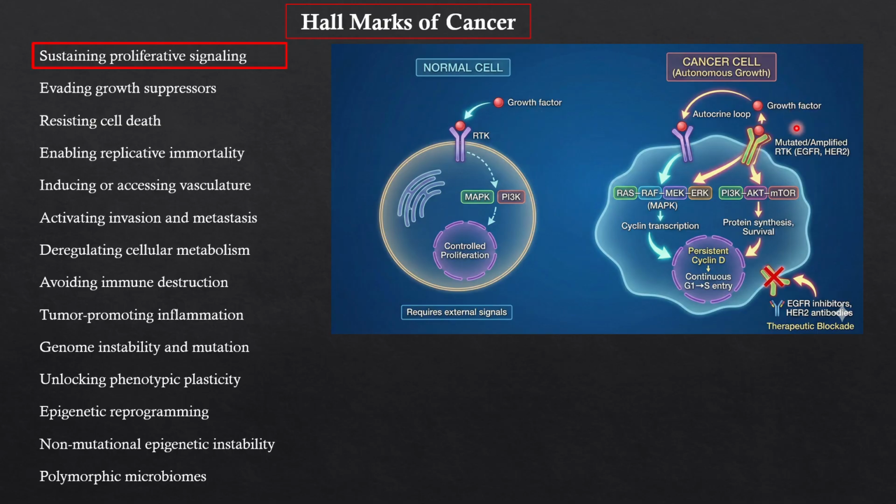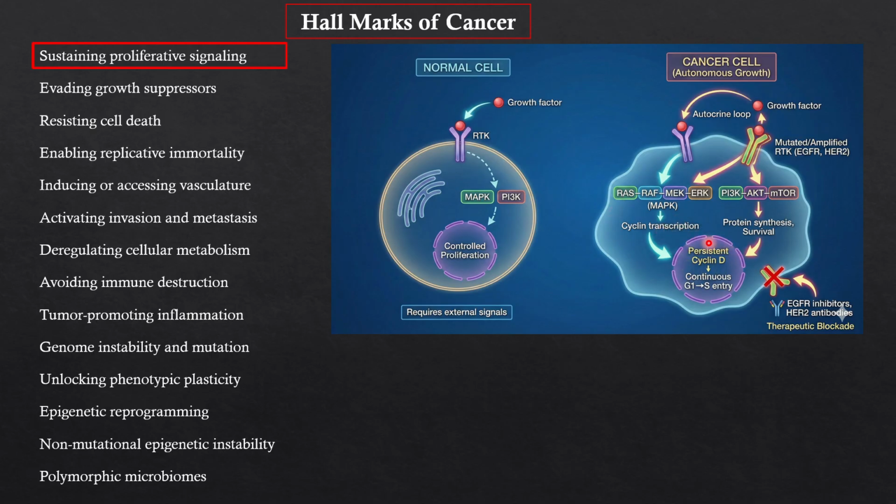In cancer, these growth factors are synthesized by the cancer cells themselves. So these cancer cells keep on constantly signaling with growth factors, and they have the same receptors, which again carry on the different pathways like MAP kinase, PI3K, AKT, and mTOR, the mammalian target of rapamycin pathway. The mTOR pathway results in protein synthesis and survival, whereas MAP kinase gives cyclin transcription.